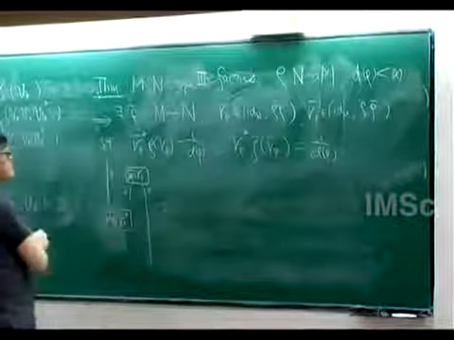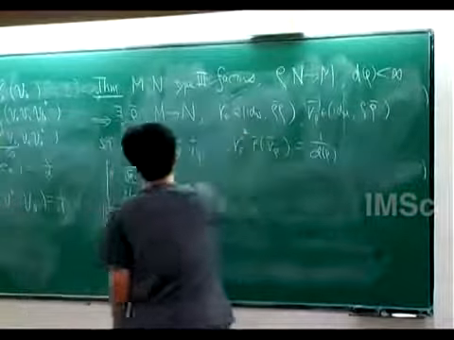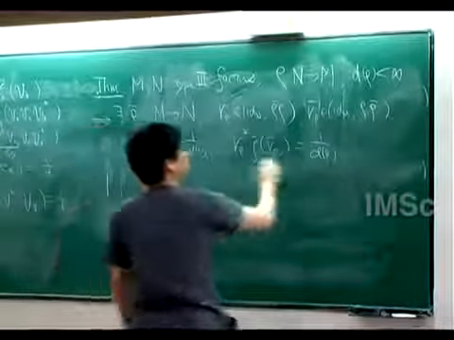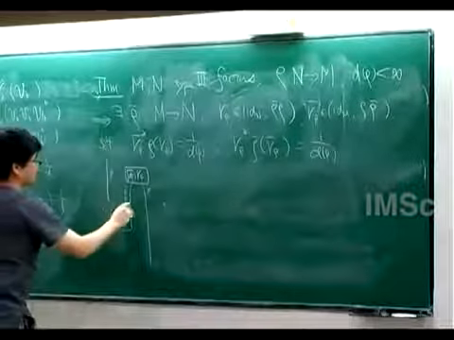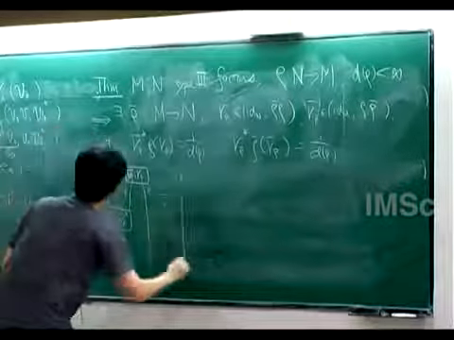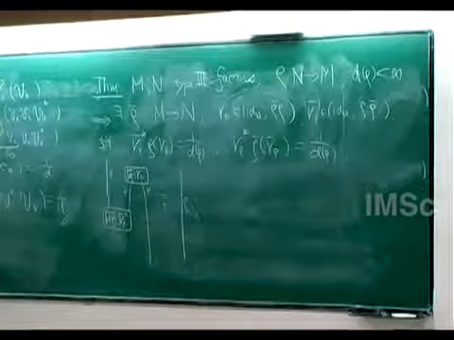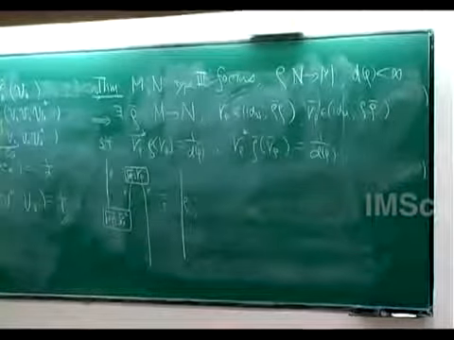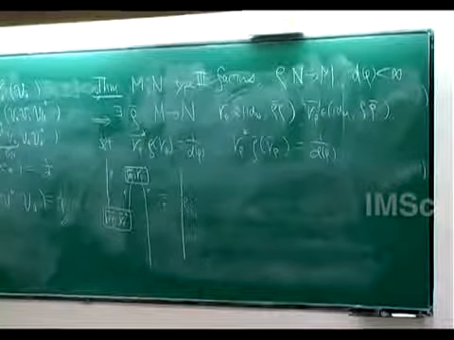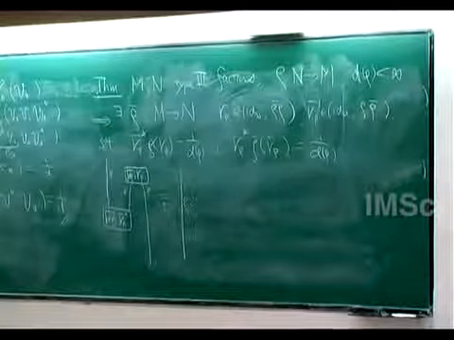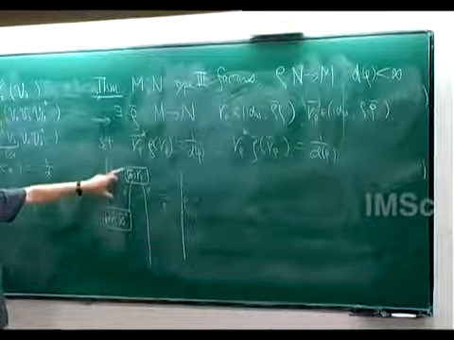So R rho bar star goes from rho bar to identity. This is right, so this is the identity. Both are 1 over d rho, so I put square root of d rho here to normalize it.